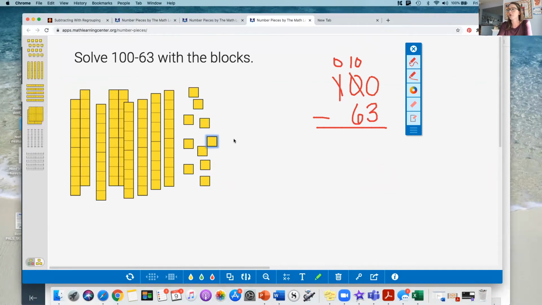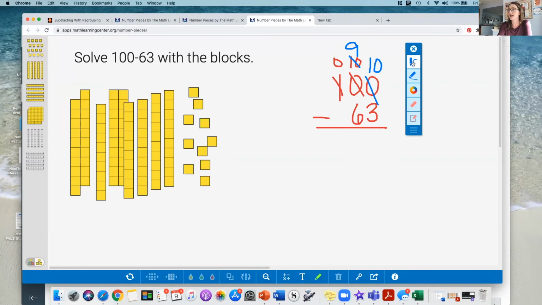All right, so now I need to change this again. Let's see if I can use a different color. How many tens do I have now? You're right, I only have 9. And I finally have 10 ones. Oh, thank goodness.